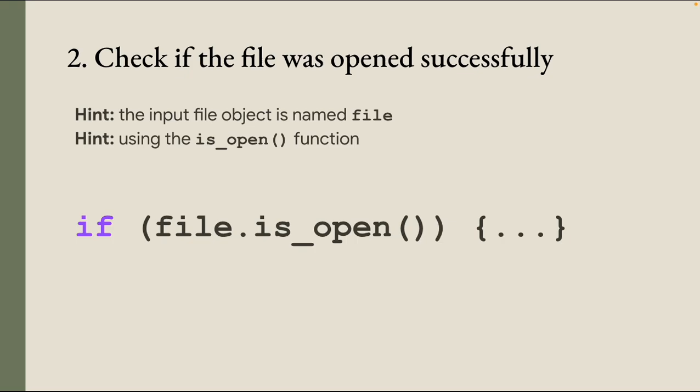Literally. So is_open is a function that the file has accessible. So the file has different functions that it can use, just like open and .close. It has these functions or utilities that it can use. One of the functions that it has available is is_open. And that tells us if this specific file is open.